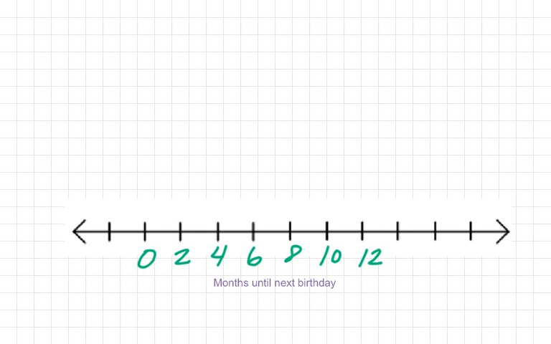Okay, and there's nothing wrong with this, but you know right in between 0 and 2, there's the value 1. So when I have 3 people that said their birthday is just 1 month away, I can represent that with 3 X's. Now 4 people said their birthday was 2 months.